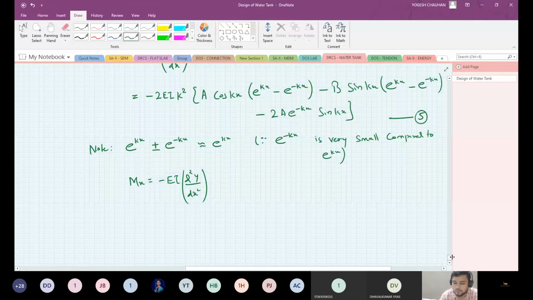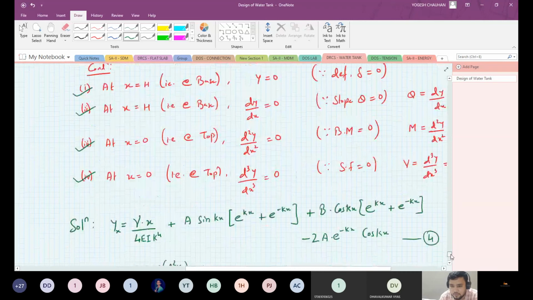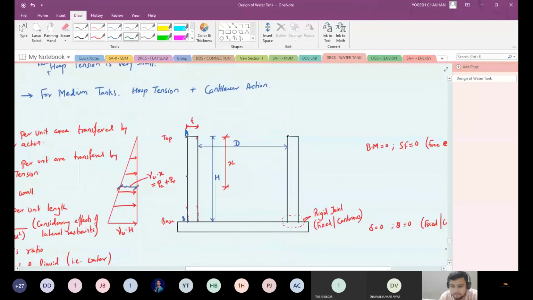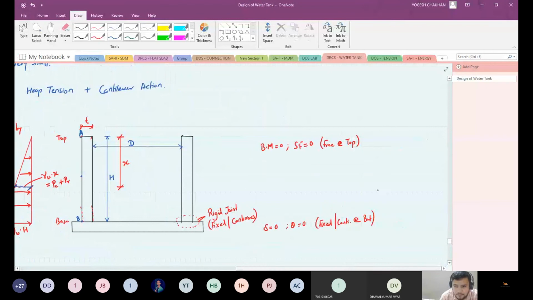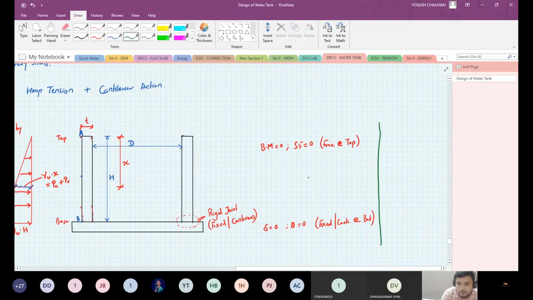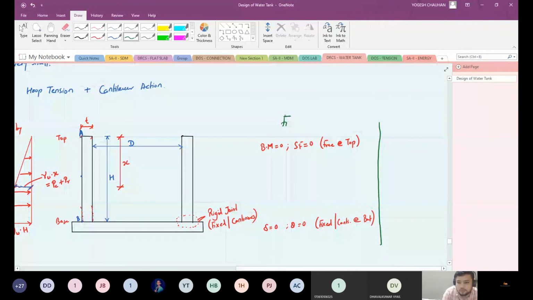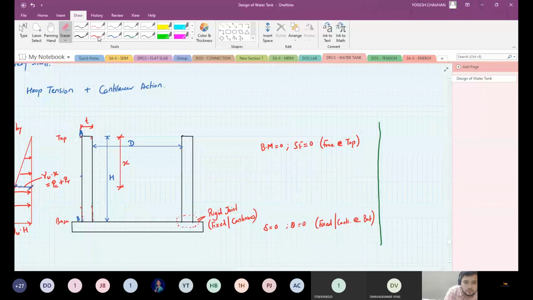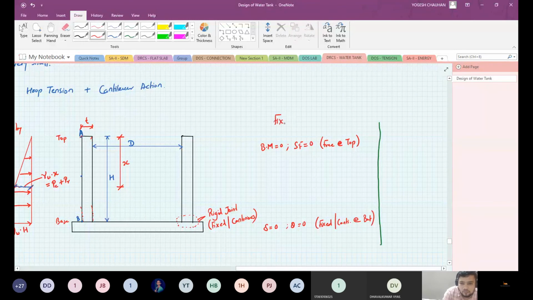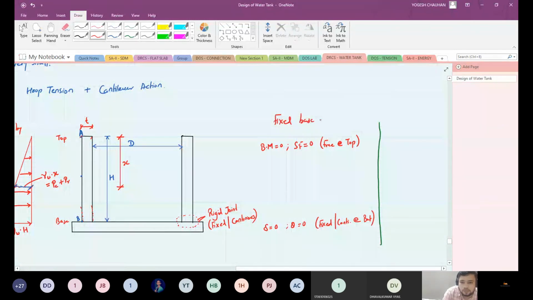Now suppose the tank has a hinged base. This is for the fixed base: fixed base and free top.